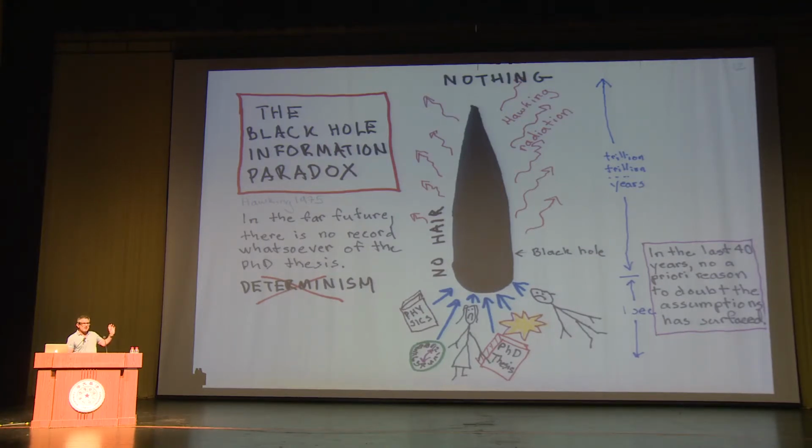In some short time of order the Schwarzschild radius, it settles down into a featureless, hairless object that doesn't carry any quantum numbers, and it doesn't carry any conserved charges except for the mass, charge, and angular momentum. And then it evaporates, and after a long time, the system reverts to a unique vacuum state.